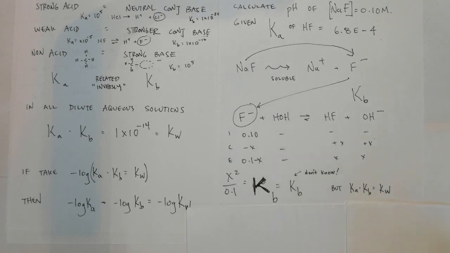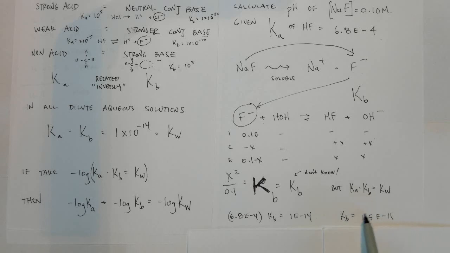Since we know those two multiplied together give us that, we can write Ka times Kb is equal to 1 times 10 to the negative 14th and solve for Kb. I did the math for you. Kb ends up being 1.5 times 10 to the negative 11th.